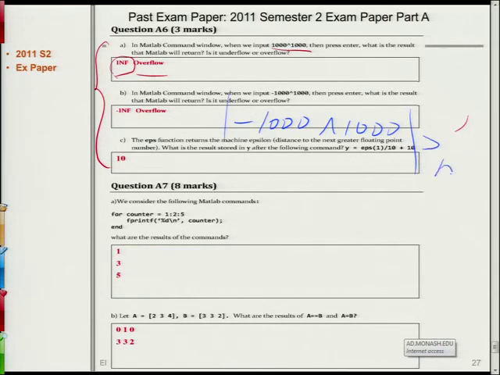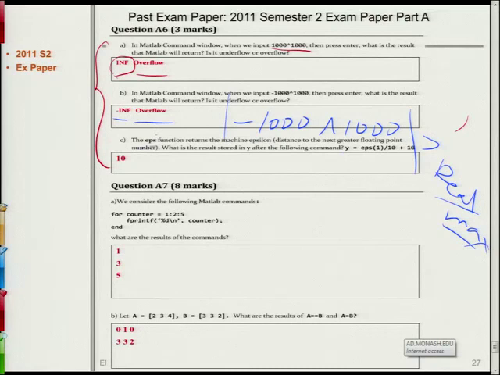Is that greater than real max? It is greater than real max. The real max is 3 times 10 to the power of maybe 300 something. So this is absolutely greater than real max, so it's still overflow. But your input has a minus sign in front, so MATLAB returns minus infinity. Okay? How about the last one?